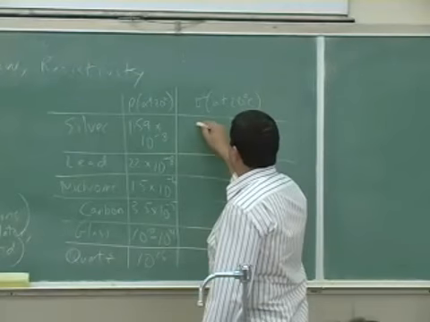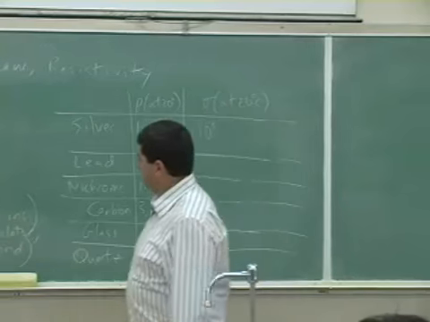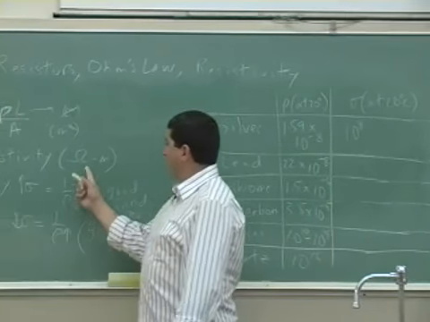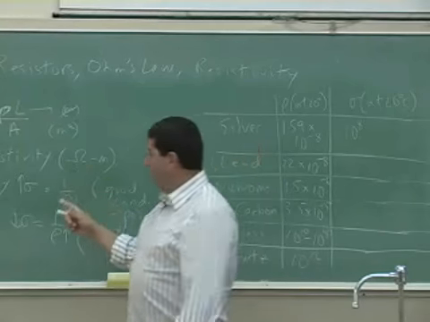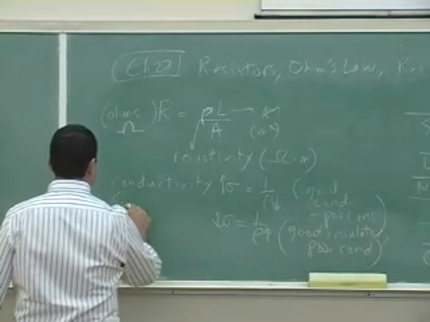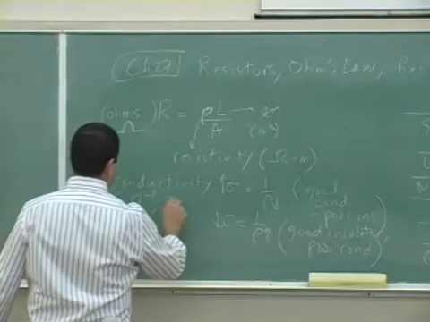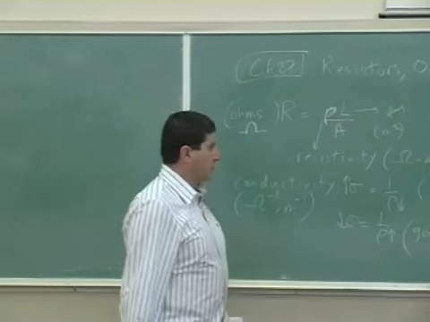So this would be 10 to the 8th. What would be the units of sigma, by the way? Sigma is 1 over rho, so ohms to the power negative 1, meter to the power negative 1, right? That's pretty much it. Ohms negative 1, meter negative 1.